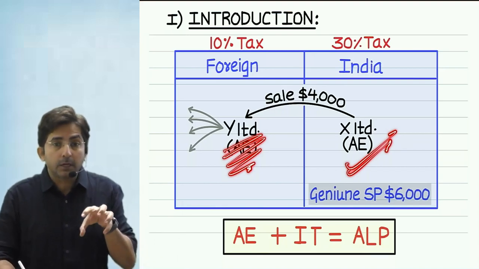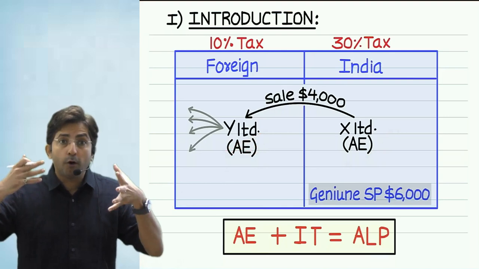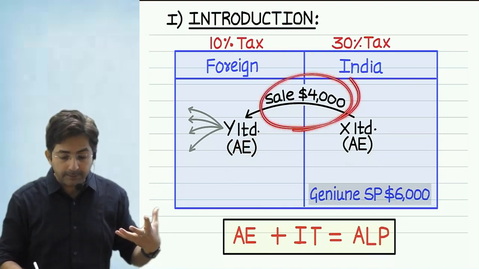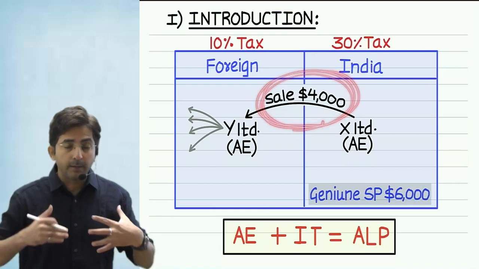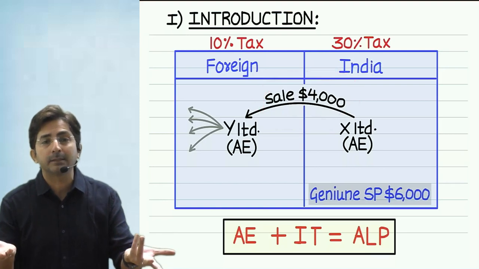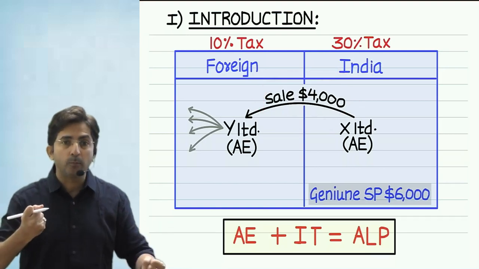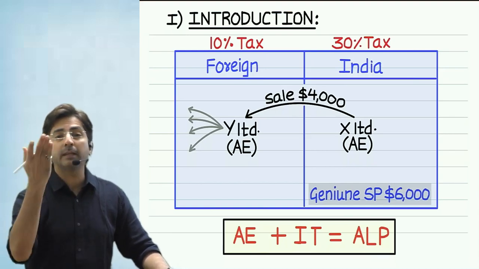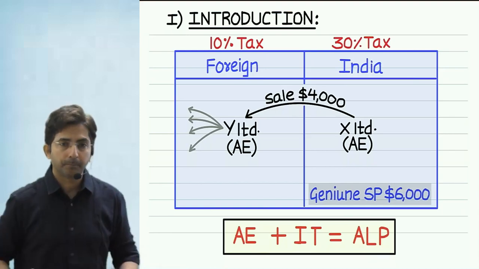And due to this control, what can happen? Law feels that because of this control, they can manipulate the price. And when you are in a position to manipulate the price, law will not trust your price. But that position to manipulate comes when? Because you have got the right to appoint more than half of the directors of another company.